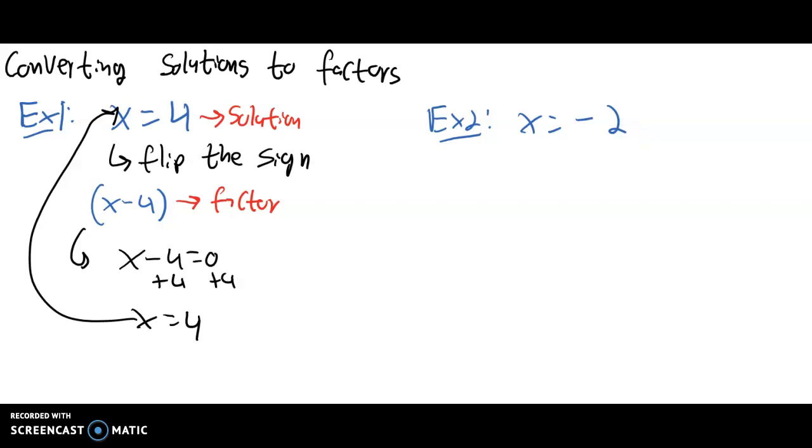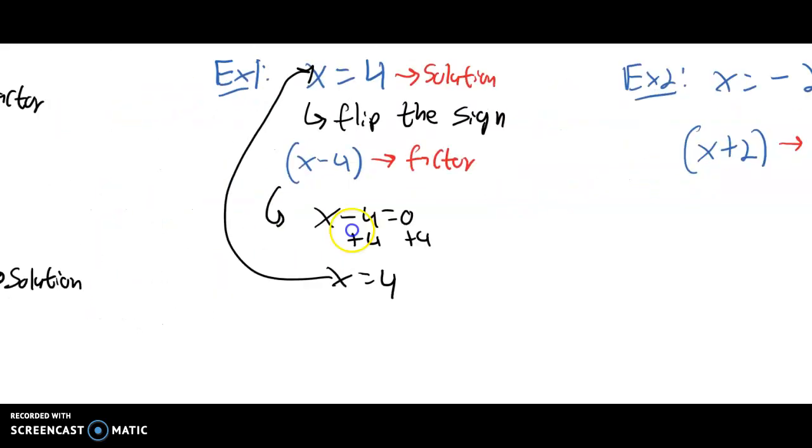Well, we just need to flip the sign, and we're going to get x plus 2. This was our solution. We know that because it has an equal sign, and this is our matching factor. Great. Pause whenever you need, guys.